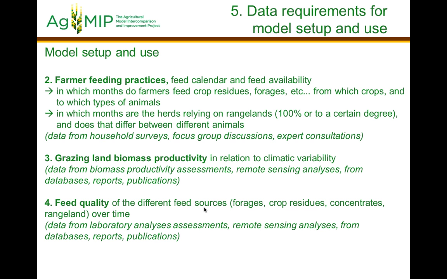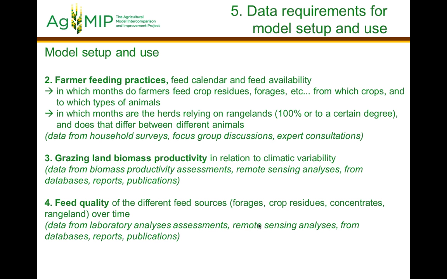And then finally, quite important also is to have information on the feed quality. So remember, when we talk about feed quality, we talk about digestibility, metabolizable energy, crude protein content. And we need that for the different feed sources. So for the forages, for your crop residues, for concentrates, for grazing land, and also over time, because often feed quality varies over time.